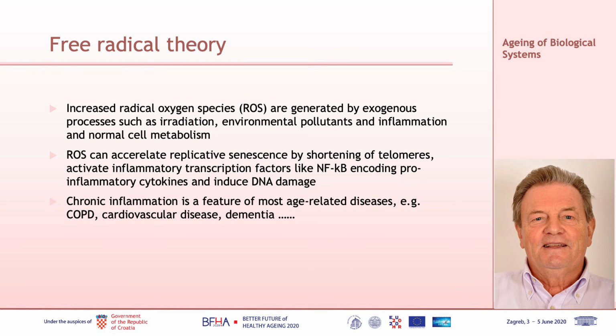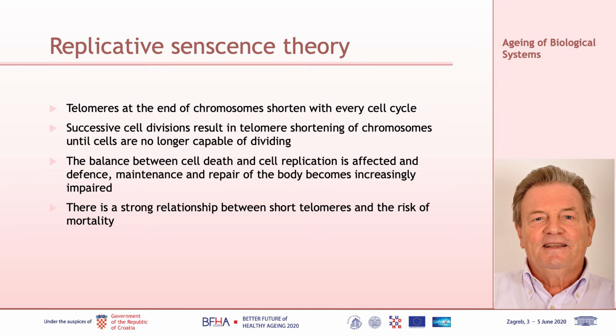Next slide. The other theory of aging is the replicative senescence theory, based on the fact that with every cell division, there is incomplete duplication of the telomeres at the ends of chromosomes, which contain TTAGGG repeats that protect the DNA against degradation and recombination, thus supporting chromosomal stability.